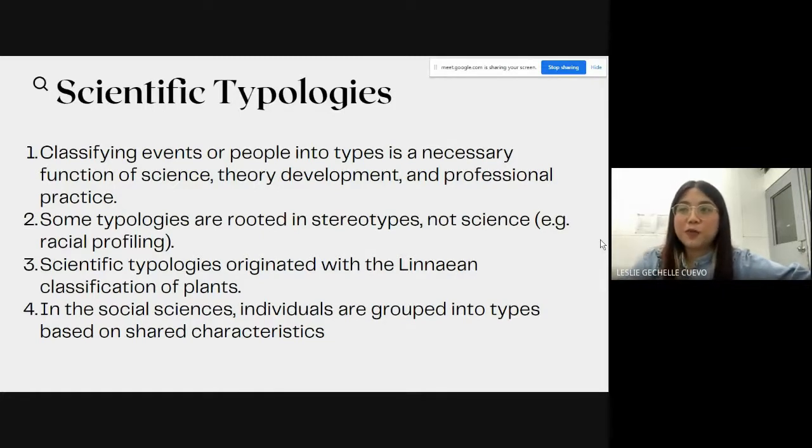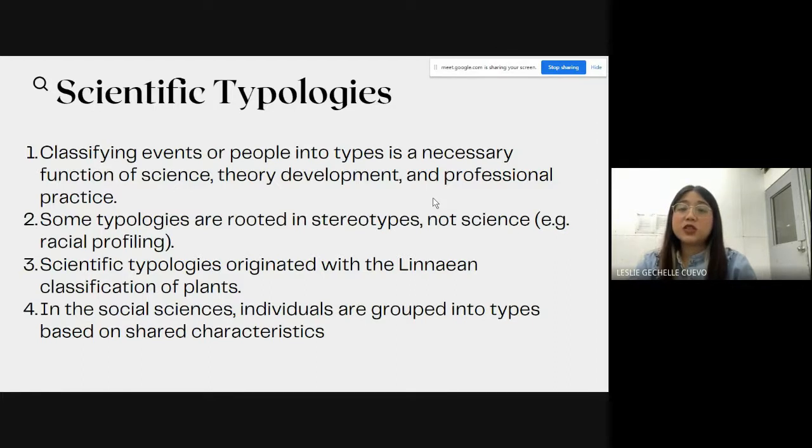Naka-classify doon kung ano ba yung mga cold-blooded animals, ano ba yung mga warm-blooded animals, yan, yung mga mammals, yung mga reptiles, amphibians, mga aves, mga ganun. Yung classification sa animal kingdom. Yun. Kaya mahalaga na kina-classify sila in order for you to develop theories and for your professional practice.